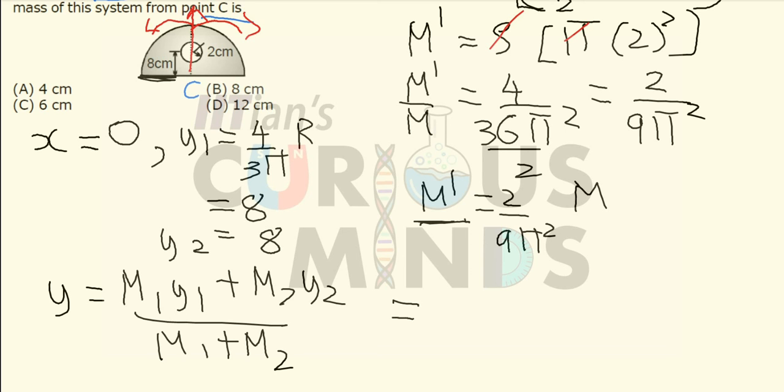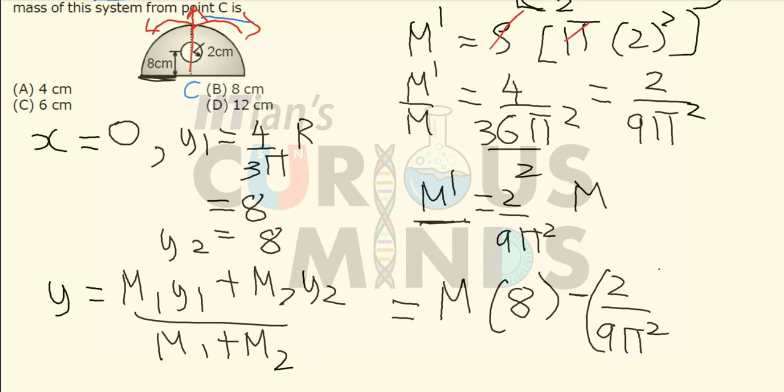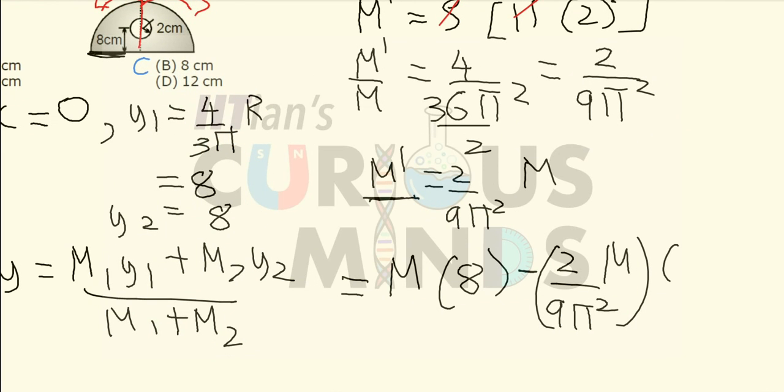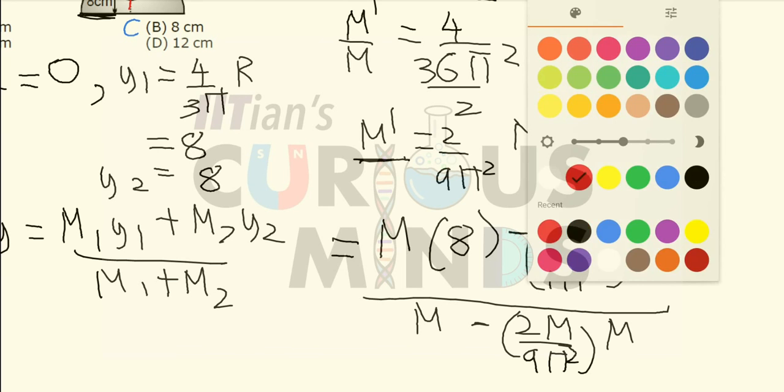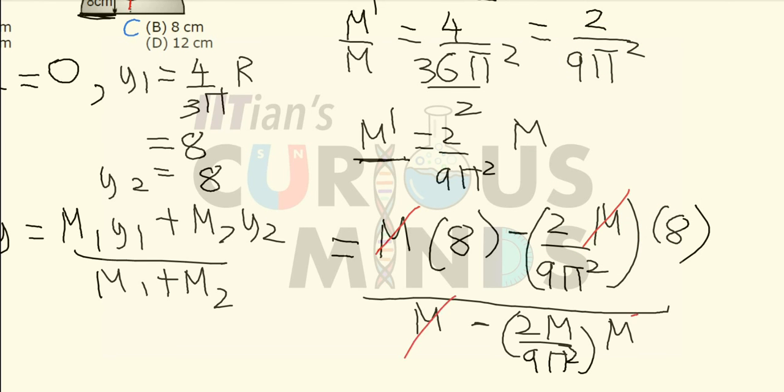So m1 let it be equal to m, y1 is equal to 8, minus 2 by 9 pi square into m into this part, which is equal to 8, divided by m1, which will be equal to m, minus 2m divided by 9 pi square. So m and m will get cancelled out over here.